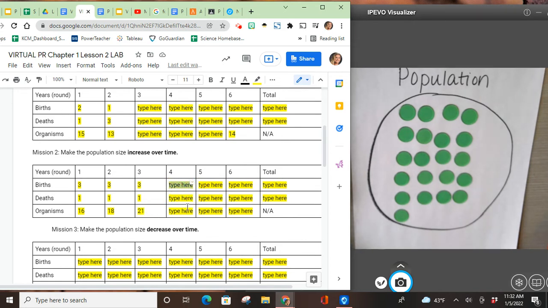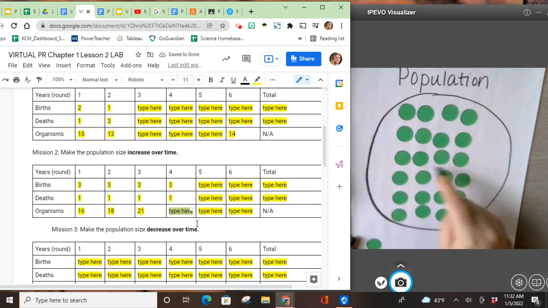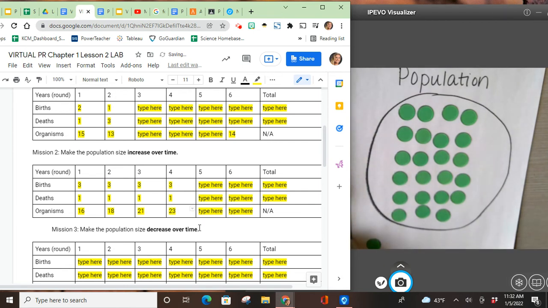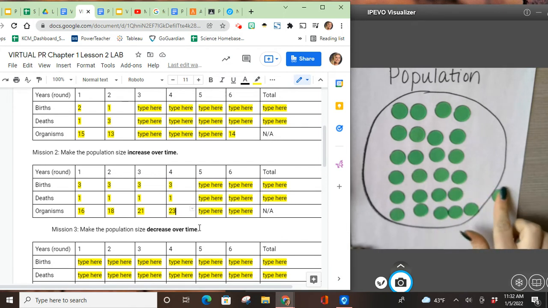Okay, year 4, let's see. We have 3 births and 1 death. So now we should have 4, 8, 12, 16, 23. Okay, year 5, we're going to add 3 more births and 1 death.